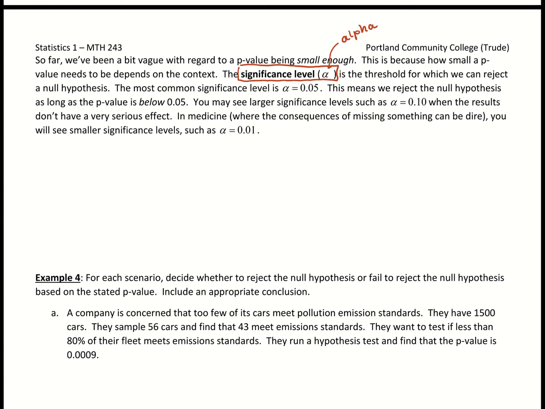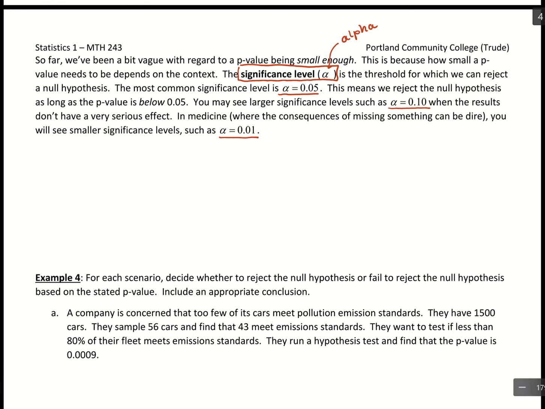Now, the most common value that's used is alpha equals 0.05. And in fact, sometimes with these hypothesis tests, they won't even state what significance level to use. If they don't state a significance level, use 0.05. Some other values you might see are 0.1 or 0.01.